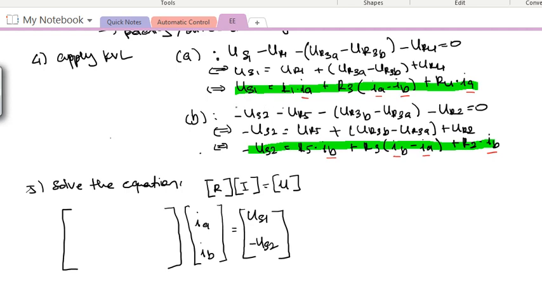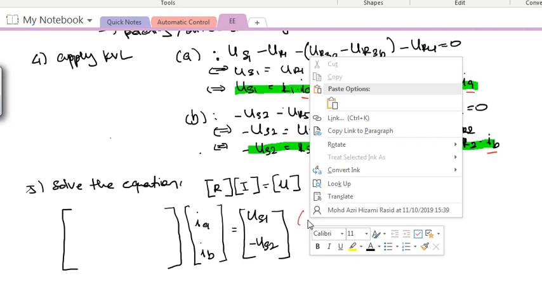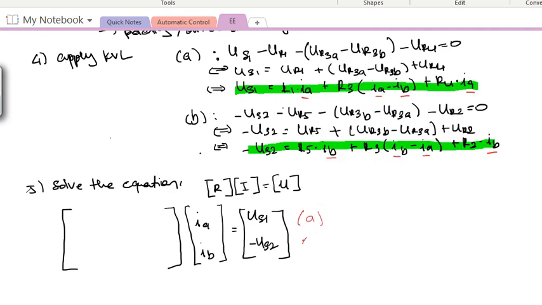So what are the parameters of the resistances in the matrix? The first line of the matrix will come from equation A, and the second line will come from equation B. So what is multiplied by IA? In the first equation, we have R1 plus R3 plus R4.